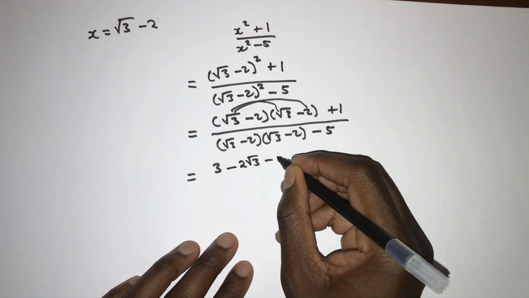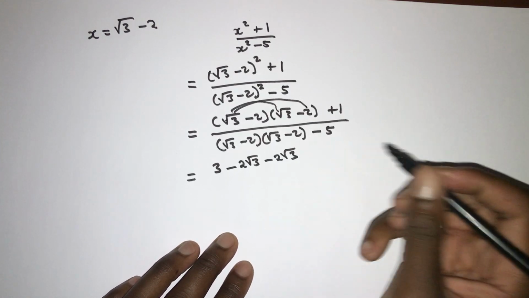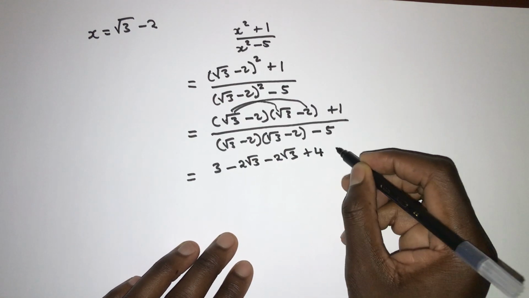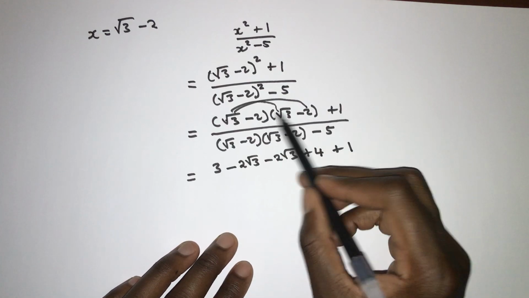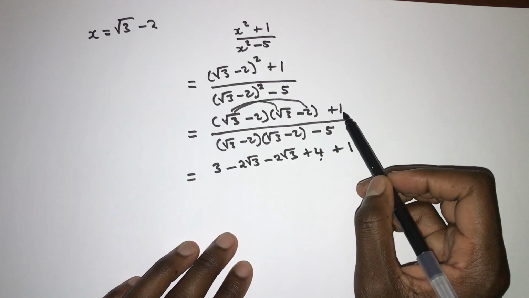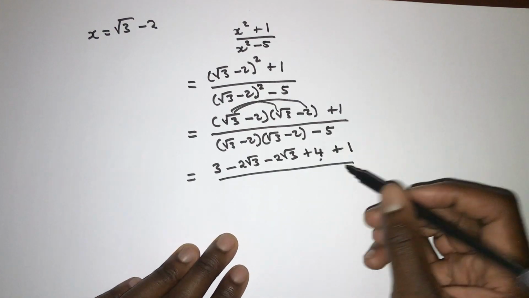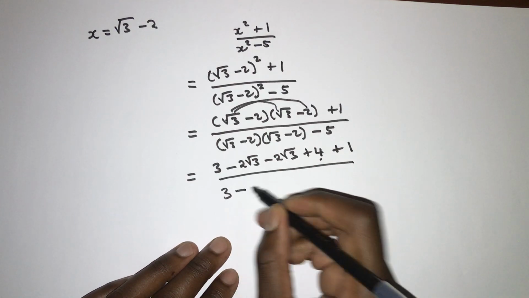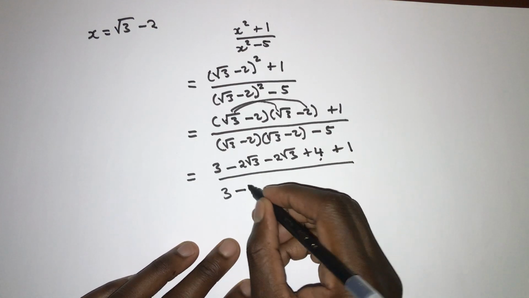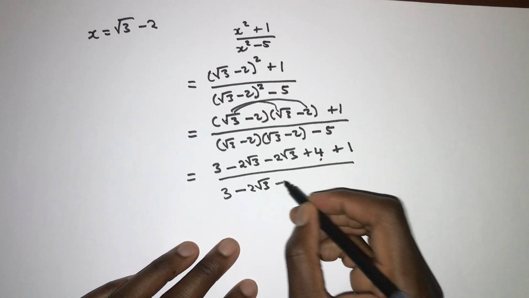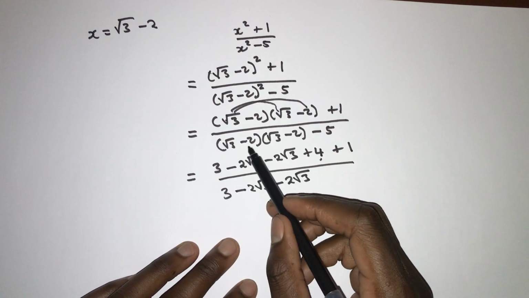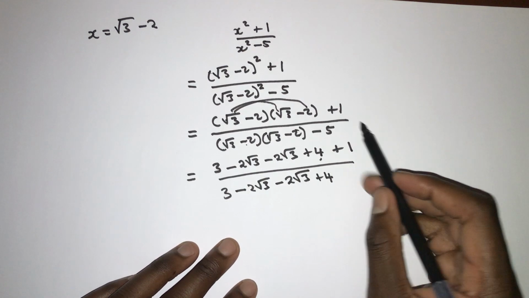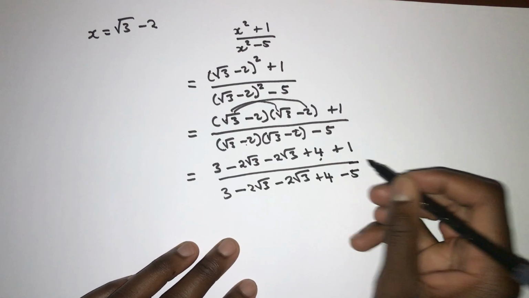Same here, negative 2 root 3, and then plus 4, then plus 1. Negative 2 times negative 2 is positive 4. Over 3, that is root 3 times root 3, minus 2 root 3, minus 2 root 3 again, plus 4, then minus 5.